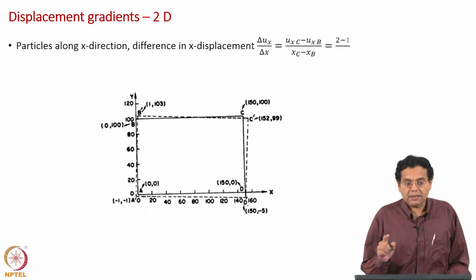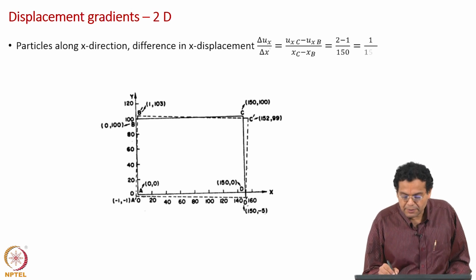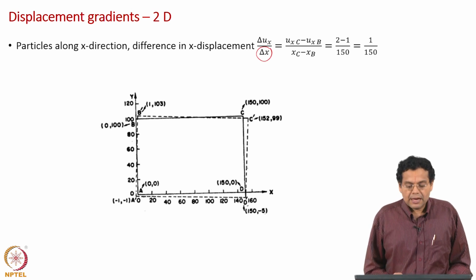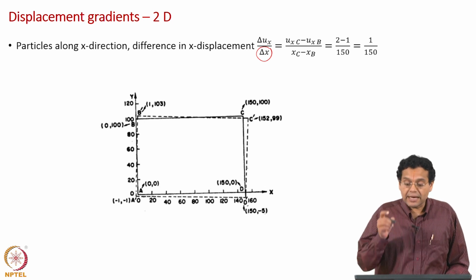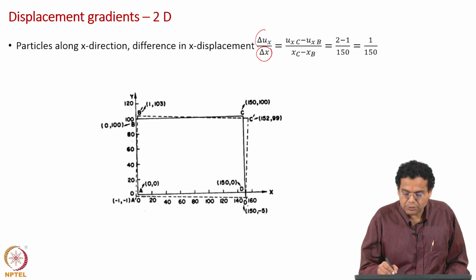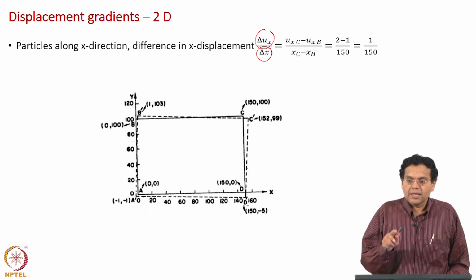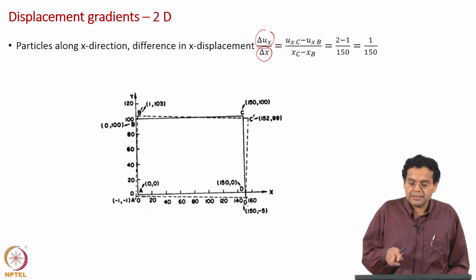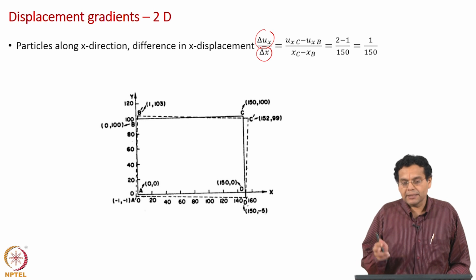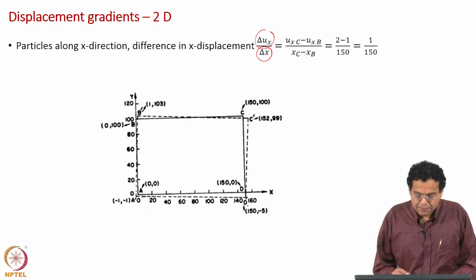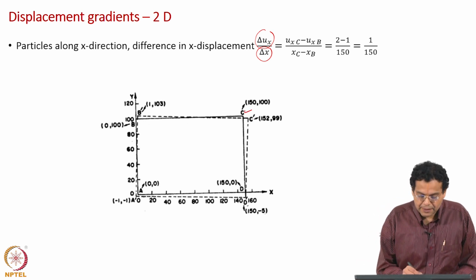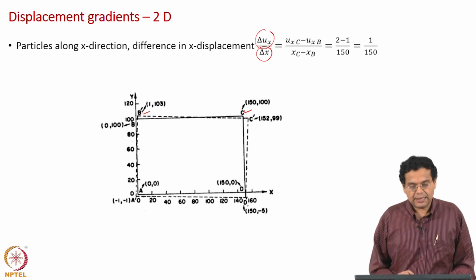Because particles are along x direction, the denominator is delta x, and for those particles we are going to consider difference in x displacement, so delta u x. Remember, u x tells displacement of a particle. We are going to consider 2 particles and look at the difference between them, that is why it says delta u x, and divide by delta x. Let us consider particles C and then B, which are along the x axis.